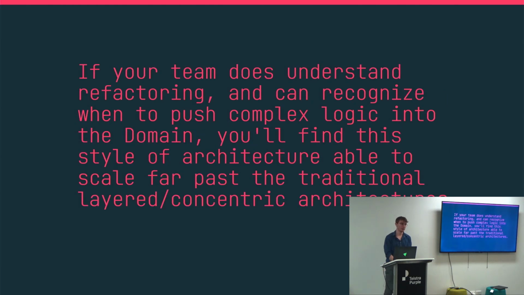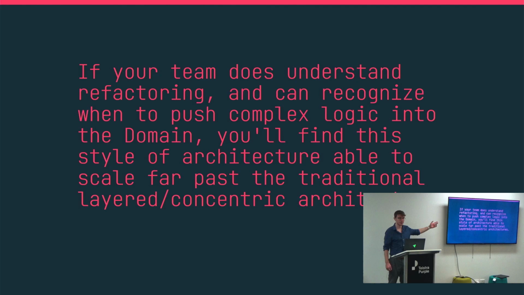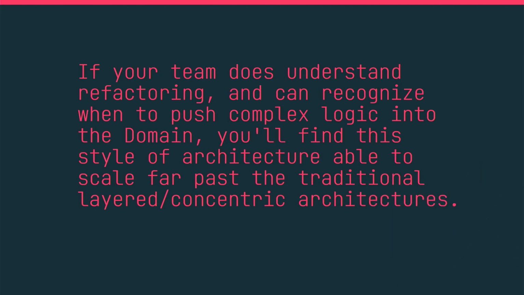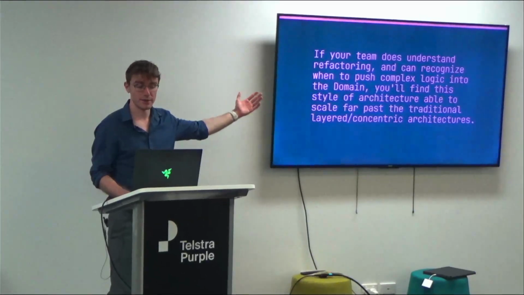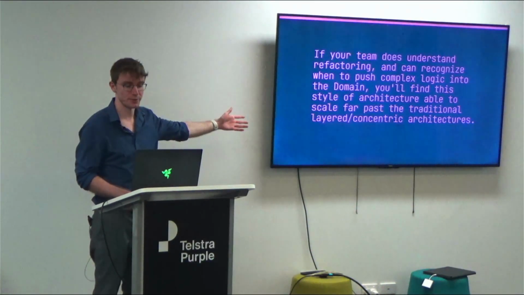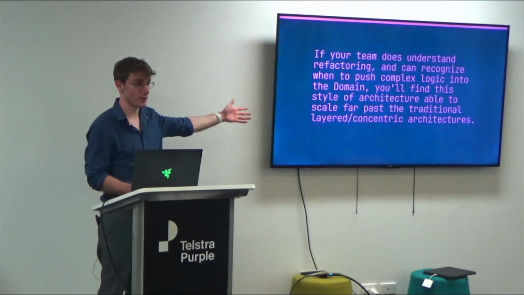On the contrary, again, paraphrase from his blog post, if your team does know how to refactor, they can recognize when something should move from the use case to a service, from a service to the domain, how to do those different tiers of testing, then hey, it's going to be awesome. From Jimmy Bogard's words exactly, he says, if you know how to refactor, then it can scale past those traditional layered, basically saying clean architecture, right?